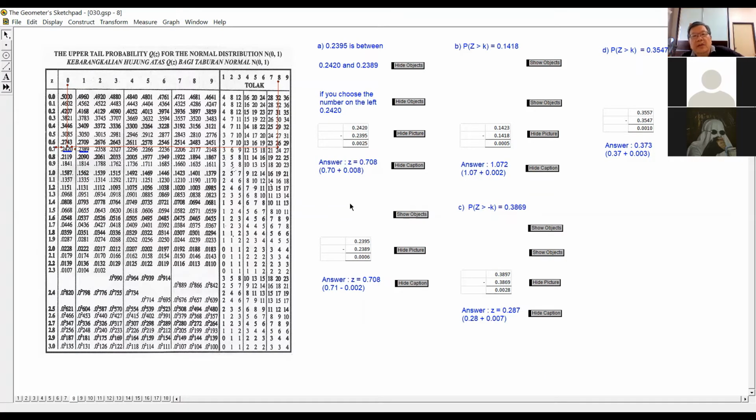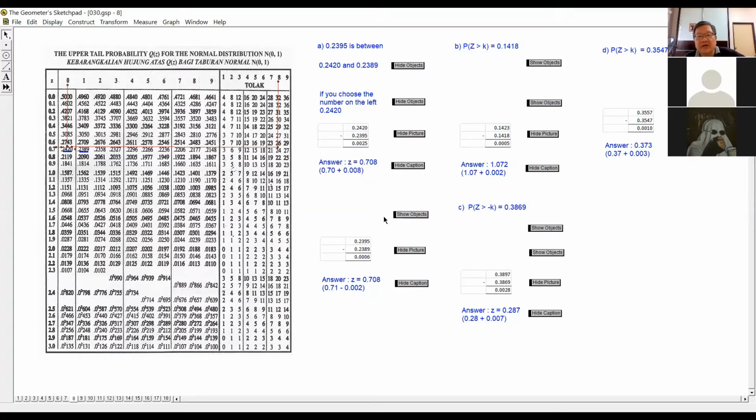Now, what happens if I choose this number, 2389? If I choose 2389, this 2389 is in front of this number, 2395. Never mind, I choose this.